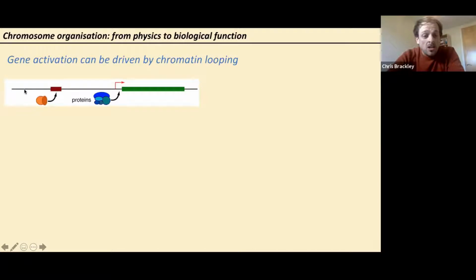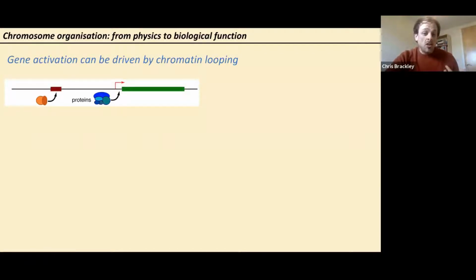Well, if we imagine a section of a chromosome and say we have a gene here shown as this green bar, then for many genes, in order to activate transcription, you need to have some proteins bind and form a complex at the start of the gene, at the promoter. So this would be a polymerase and some transcription factors and other activating factors. And for many genes, that's enough to activate and drive transcription.